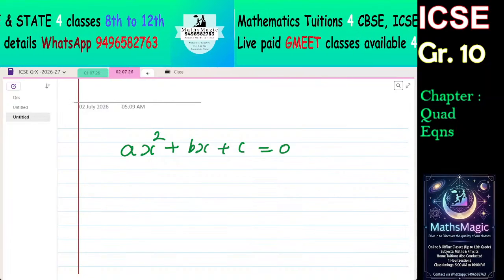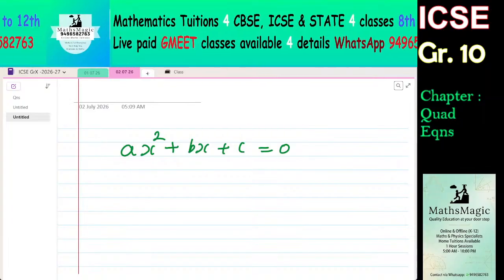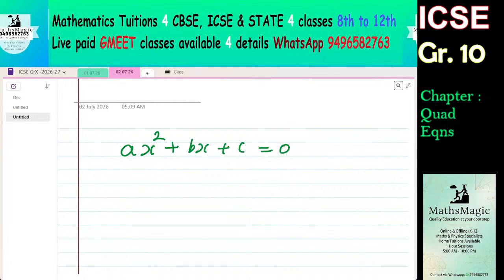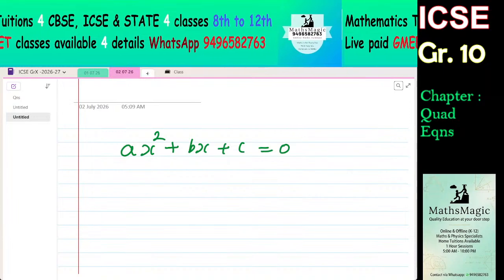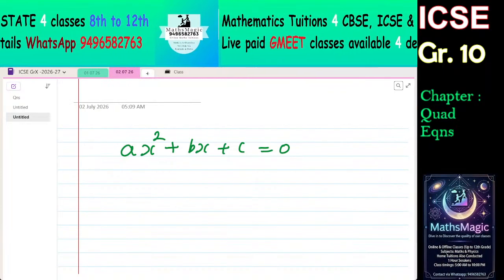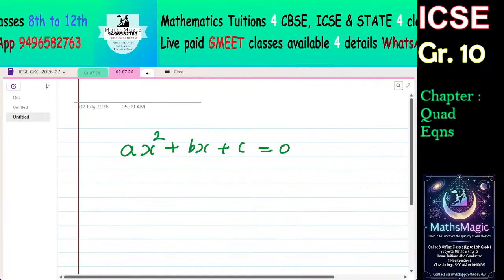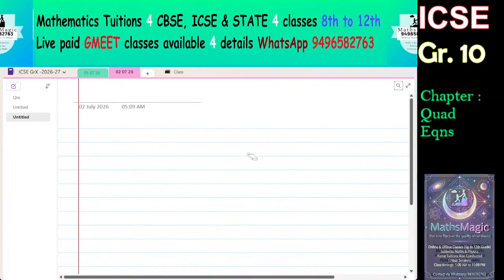Yeah, it's the alpha plus beta and alpha beta. We have the details in our formula book like this. I'll put it on the whiteboard.